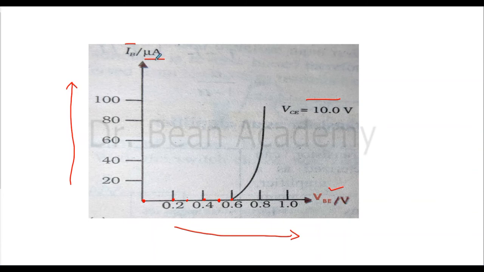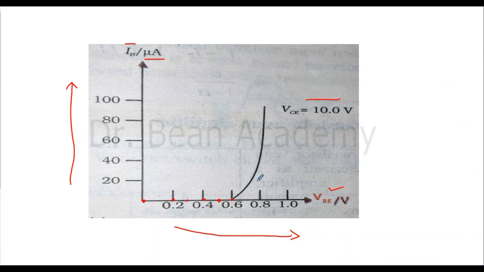See the unit is microampere, because the scale may be different for the output characteristics, and you have to see the unit. So this is the input characteristics of the transistor in common emitter mode.